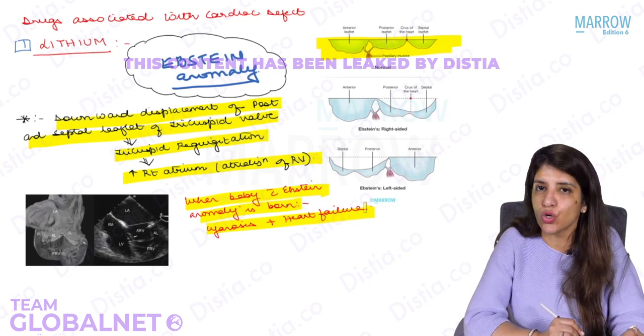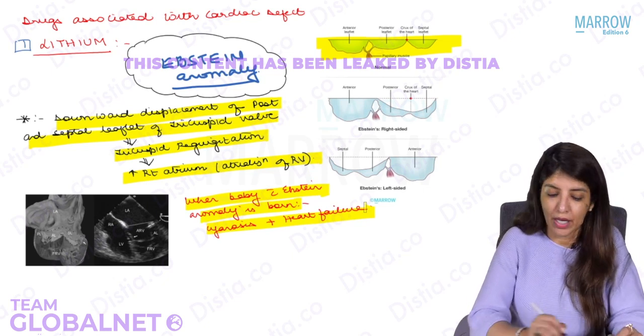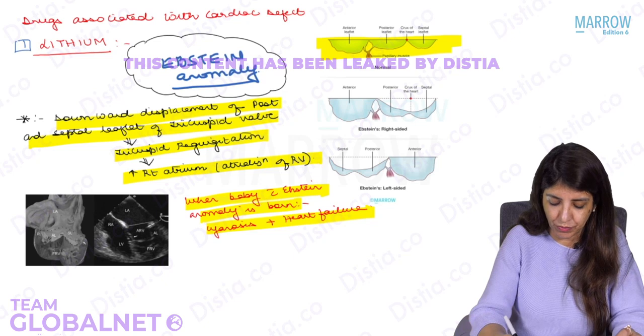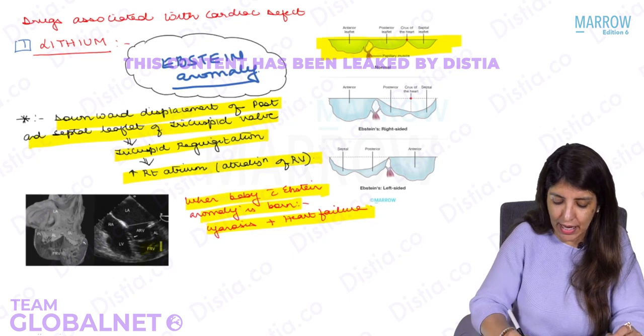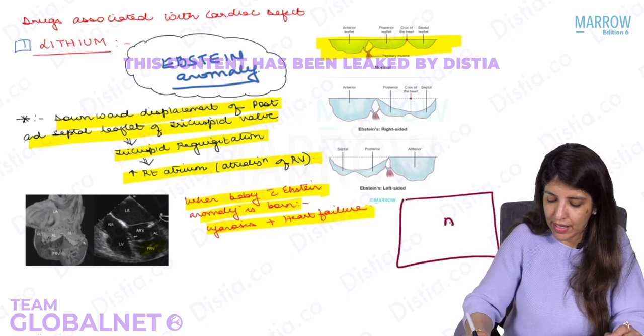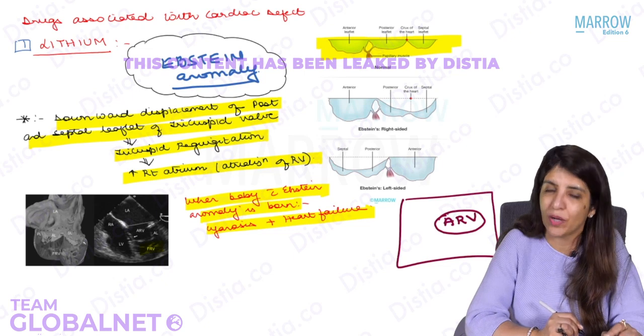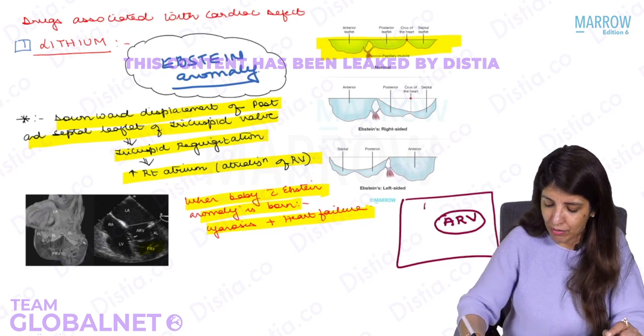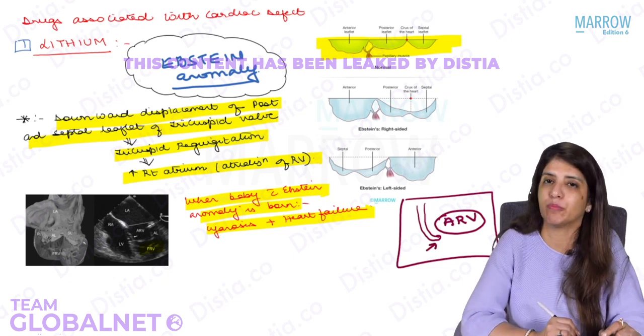So they can show you an echo, and in the echo you will see ARV written, that is atrialization of the right ventricle, and there will be a pointer pointing towards the tricuspid valve.